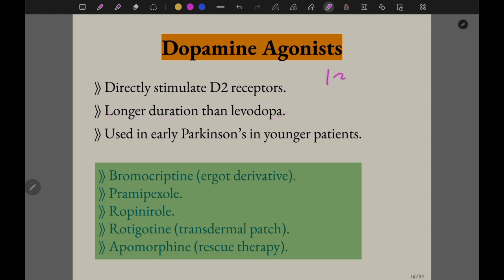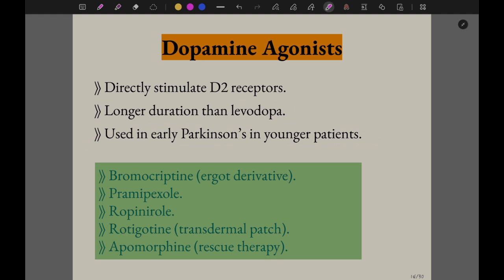Levodopa has a half-life of about 1 to 2 hours only. They are used in early mild Parkinson's disease in young patients, in order to reduce the adverse effects of levodopa.